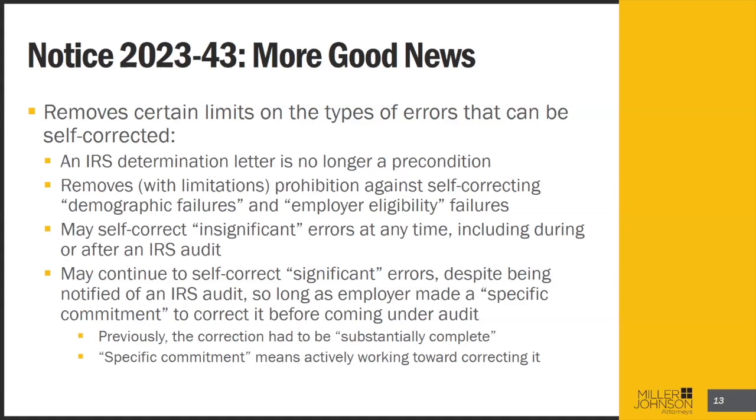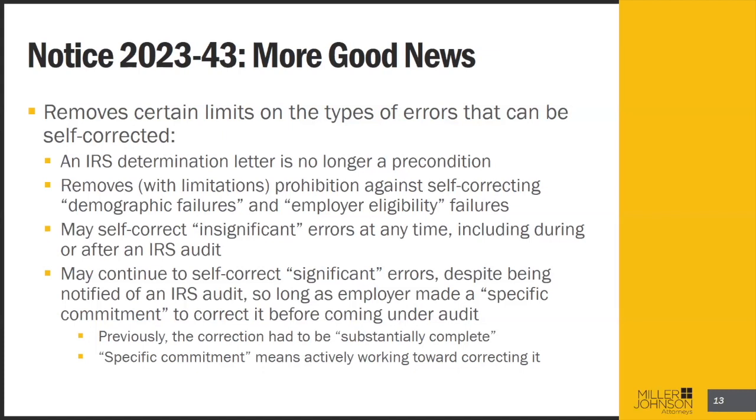There are certain limits in EPCRS in the current program about errors that can be self-corrected. For example, to self-correct a significant error, you had to have a determination letter for your plan. That seems like a requirement that was wiped out under Secure 2.0, and this guidance confirms that. So that's not required, even though most plans have those determination letters.